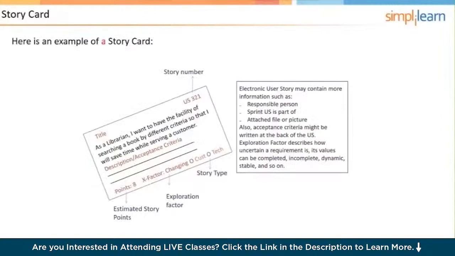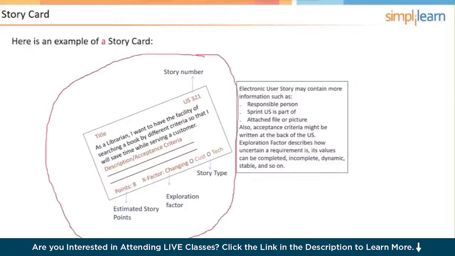All right, now I've got an example here of a user story card. So we're looking right here. And if you were to go out on the internet and search user story cards, they would be similar. There would be some differences, of course. But typically what you're going to have is a title or a name for the user story. And then there's going to be some kind of unique identifier, like user story 321.